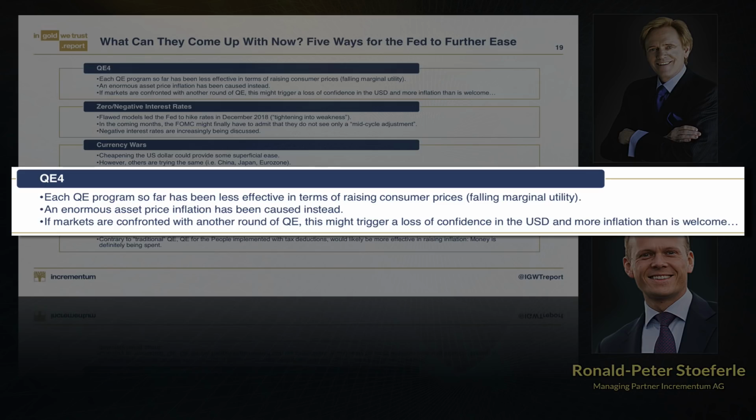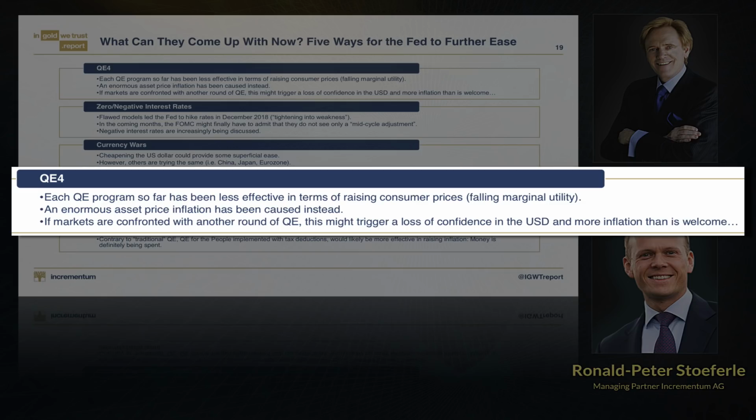So they have started QE4. It might be in what they call fits and starts, where it's on and off for a little while if things go well. But this is also an indicator that they are worried about a recession, I believe. Absolutely. And if they would have called it QE right away, I think this would have triggered a loss of confidence in the US dollar and in the Federal Reserve. But of course, it is some sort of QE, and we all know the falling marginal utility.